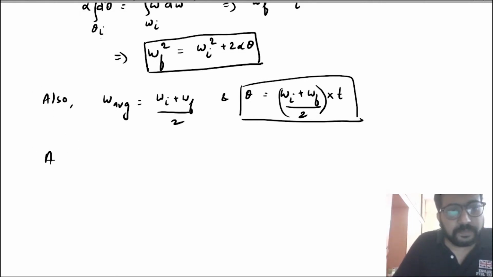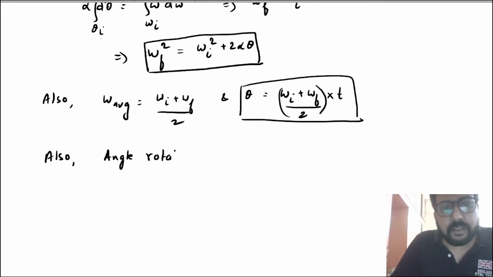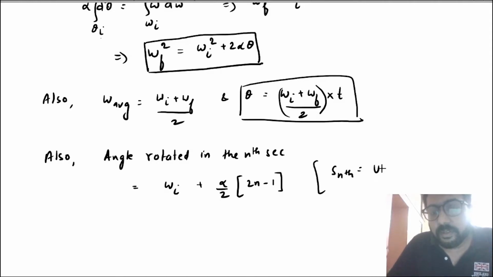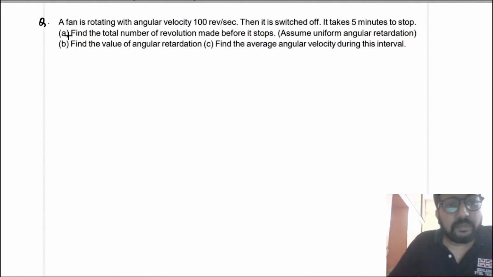Also, the angle rotated in the nth second is equal to omega initial plus alpha by 2 multiplied by 2n minus 1. In the same way, the displacement in the nth second is equal to u plus a by 2 into 2n minus 1. So let us come to the next question.